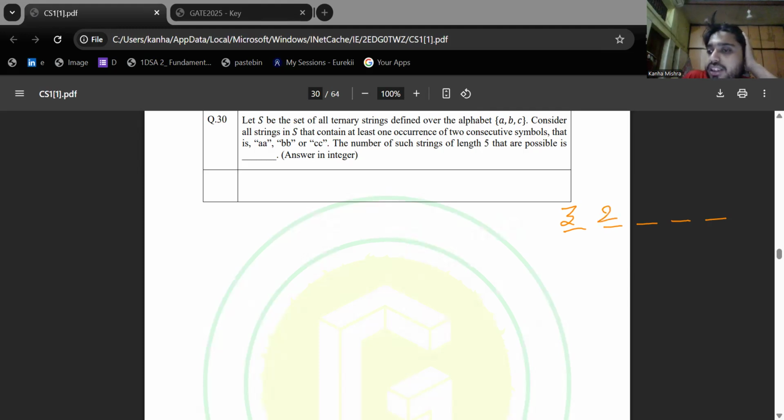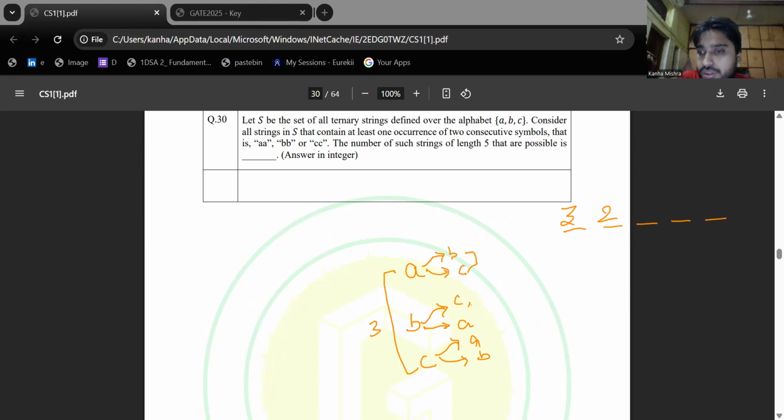If I start drawing it out with A, B, C as options: if A is at the first position, then the second position can have B and C. If B is at first position, then the second position can have C and A. If C is at the first position, then the next position can have either A or B. So you can see there are total three options here.